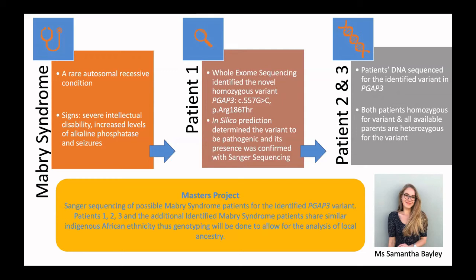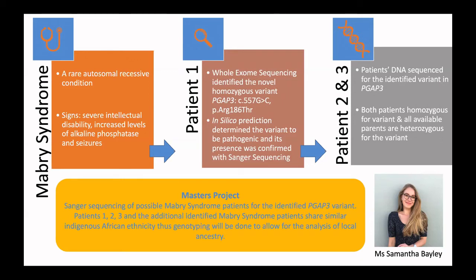We found a novel homozygous variant in a known Mabry syndrome associated gene. In silico prediction determined this to be pathogenic, and it was Sanger confirmed, and we identified further individuals with this variant, also Sanger confirmed.